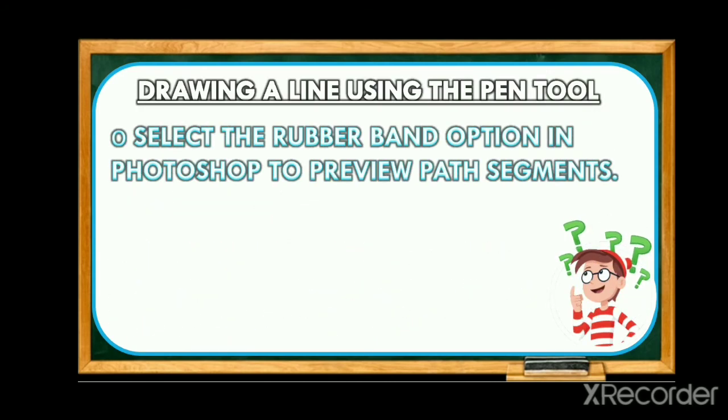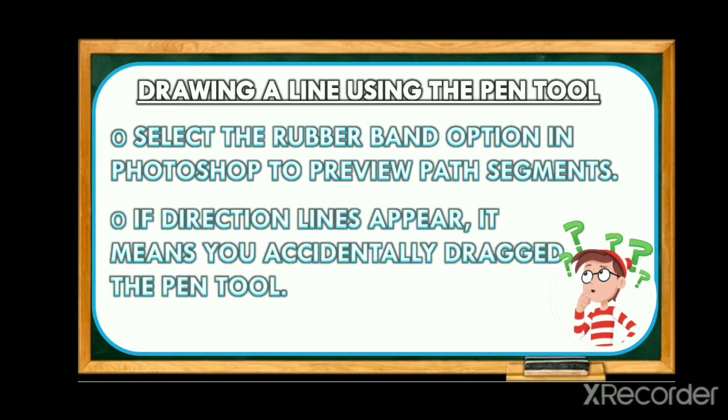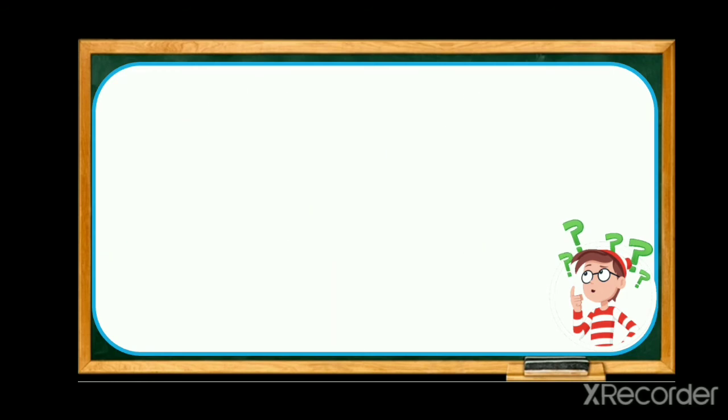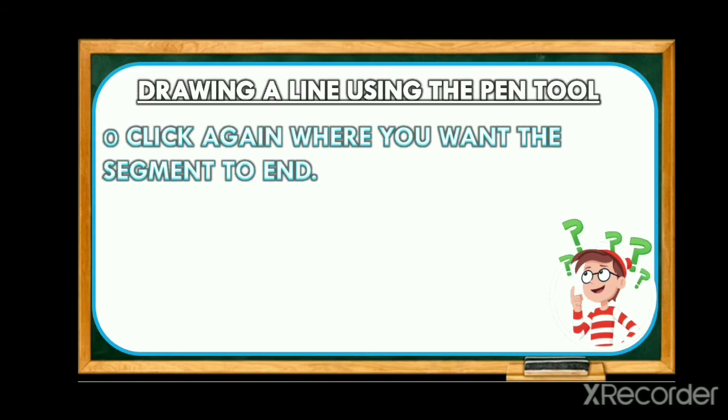Another is to select the rubber band option in Photoshop to preview path segments. If direction lines appear, it means you accidentally dragged the pen tool. Choose Edit, Undo, and do it again. Click again when you want the segment to end.